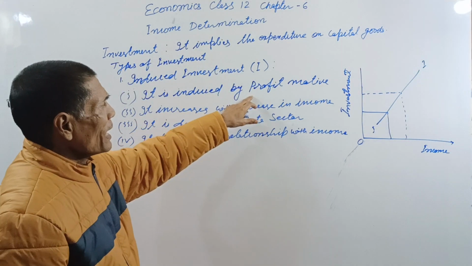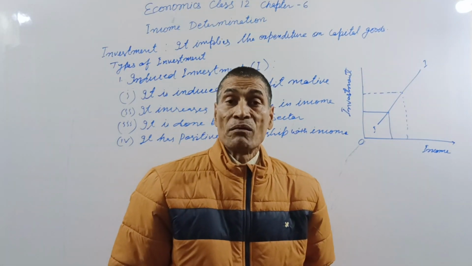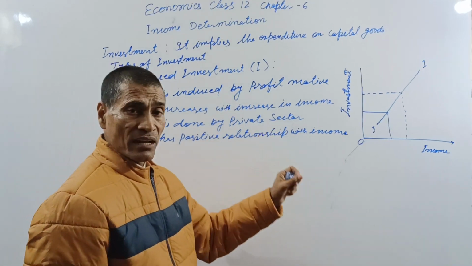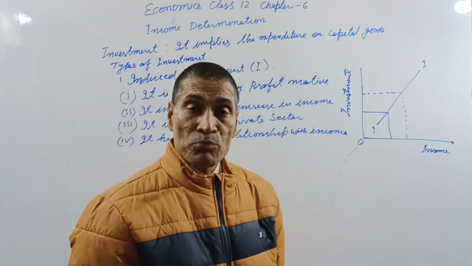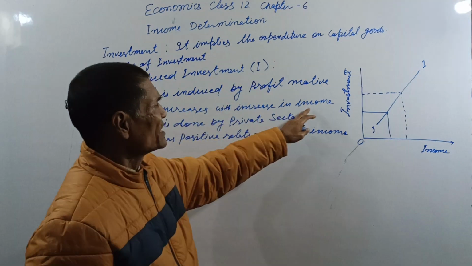It is induced by profit motive. The induced investment is done by private sector, as it is written here, and its motive is to earn profit. Third thing, it increases with increase in income.